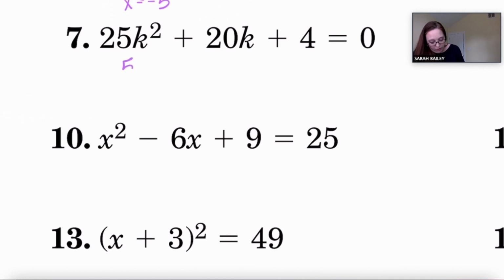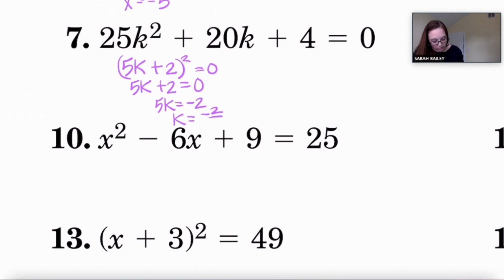So this should be 5k plus 2 in parentheses squared equals 0. When I do the square root of both sides, I end up with 5k plus 2. Well, the square root of 0 is 0, and it's only 0, right? So 5k equals negative 2. K would be negative 2/5. So the only solution here is negative 2/5.